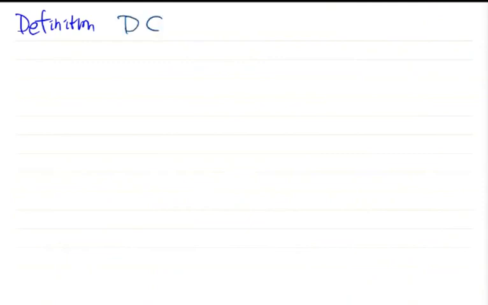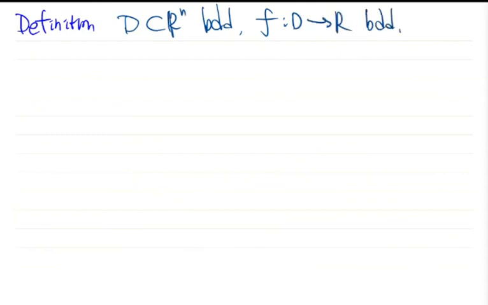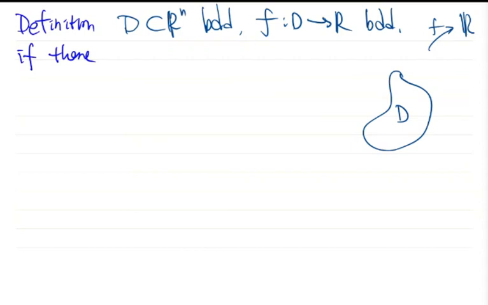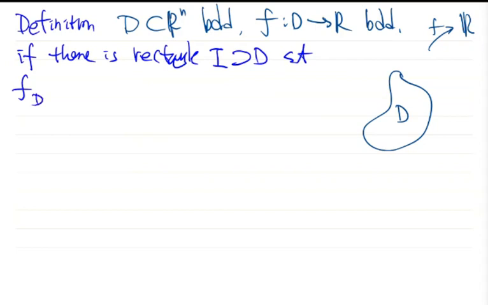Suppose D is a bounded subset, and f is a bounded function over D. So here is D, and we have a function f defined over D. Now, if there is a rectangle I containing D, such that the zero extension of f outside D is integrable over the rectangle I.